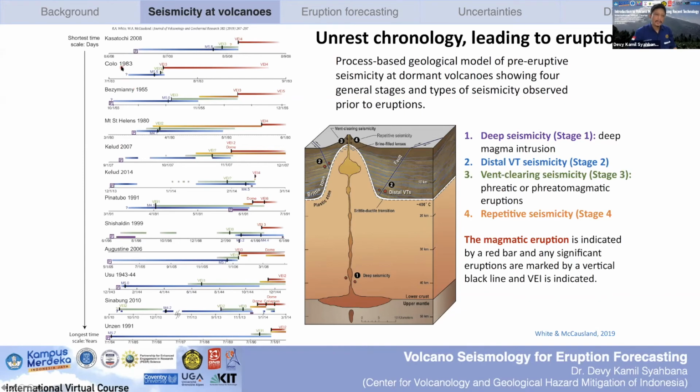And also in Galunggung volcano in Indonesia in 1983, there was a big eruption of VEI 3 to 4. So you see that the final product is VEI 4. The beginning was a swarm of earthquakes, distal VT, and then it reached a magnitude of 5.5.